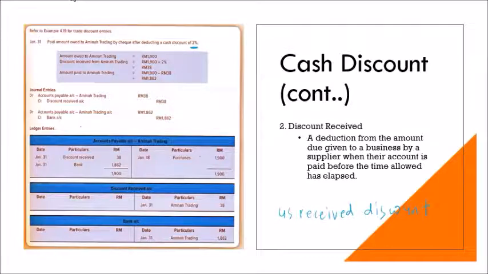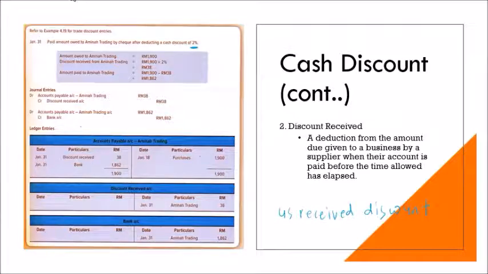When the liability is deducted, it has to be put on the debit side. Okay, so on the credit side, you will put the discount received, because it is an income to us, because we have to pay less.